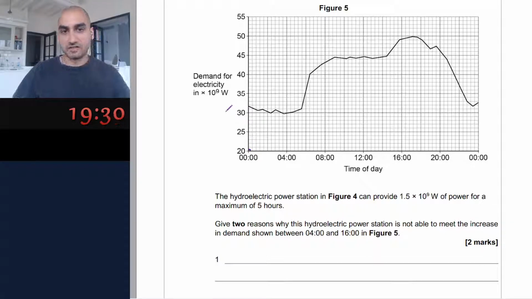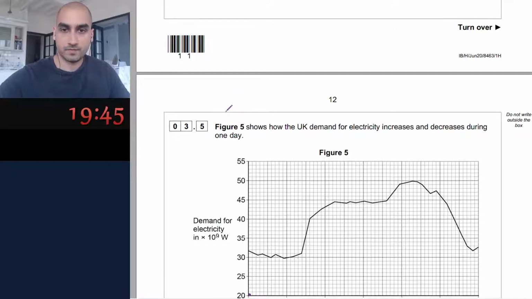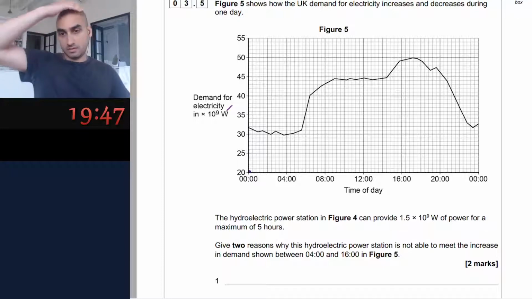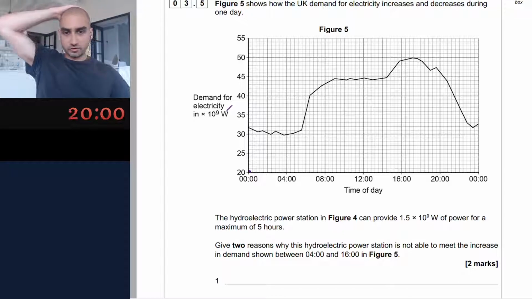Wait, it's off the chart. So, am I missing something? It's way off the chart. It's not even on the graph.